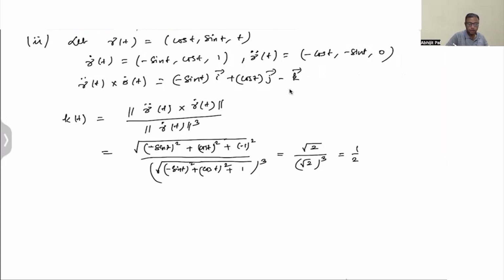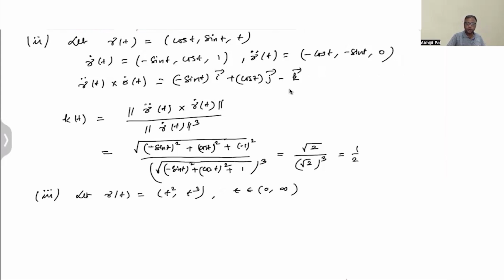All right. So similarly, you can compute the curvature of this planar curve. Let gamma(t) be equal to (t squared, t cubed). Here I have to take t greater than 0, because if I take t equals 0, gamma dot t at t equals 0 will be a 0 vector.